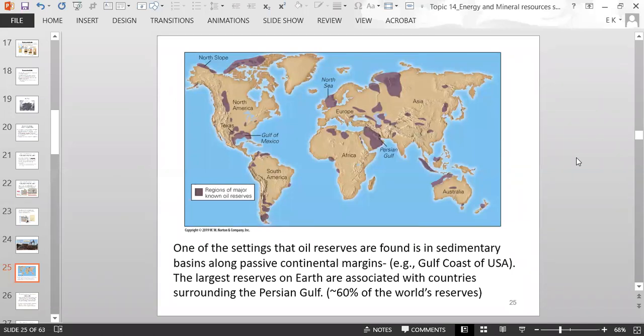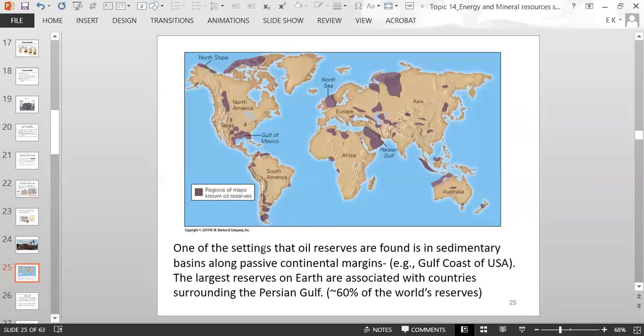Oil reserves are found by geologists. The geologists use different techniques to look for the reservoir rocks and look for those pools of oil underground. So they were found by geologists.